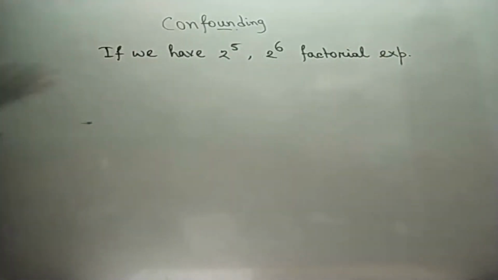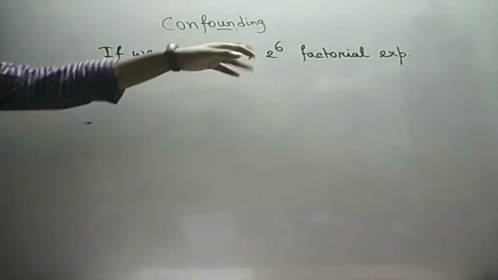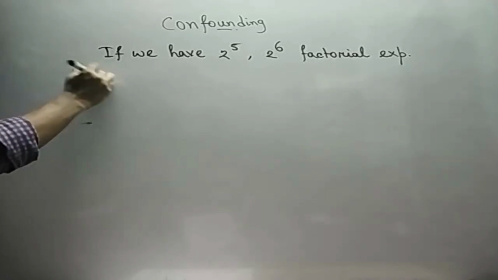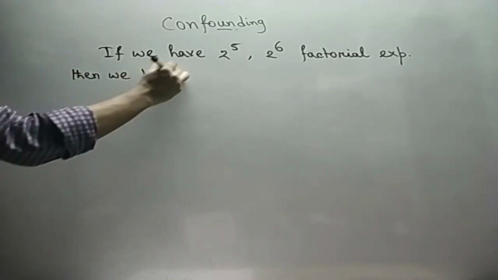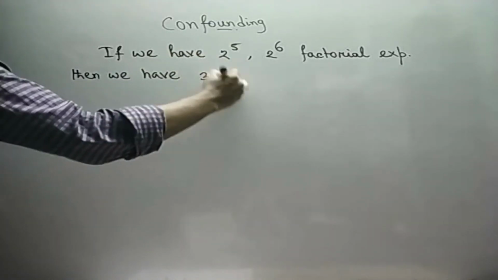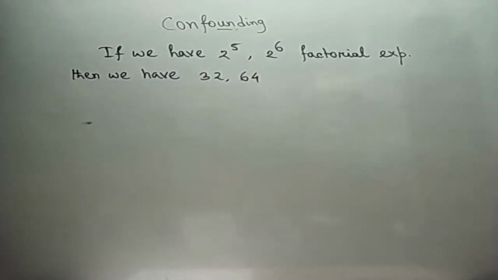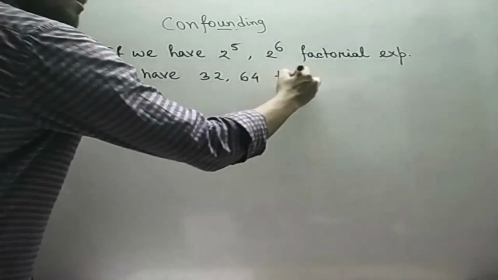So why should we use the concept of confounding? If we have a 2 to the power 5 or 2 to the power 6 factorial experiment, then 2 to the power 5 is basically 32 and 2 to the power 6 is basically 64. So 32 and 64 treatment combinations.